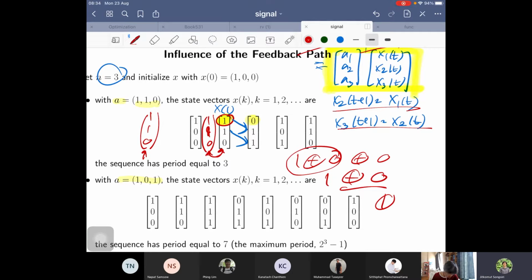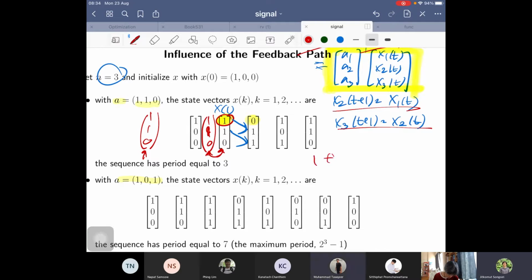Okay, good. Muhammad, what is the XOR, the result of the modulo 2 operation? Muhammad. 1 plus 1 plus 0.